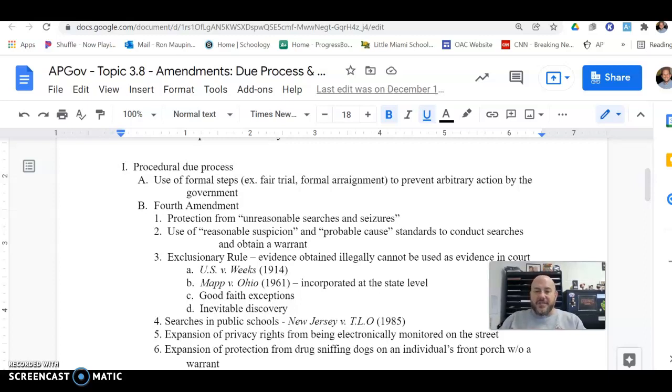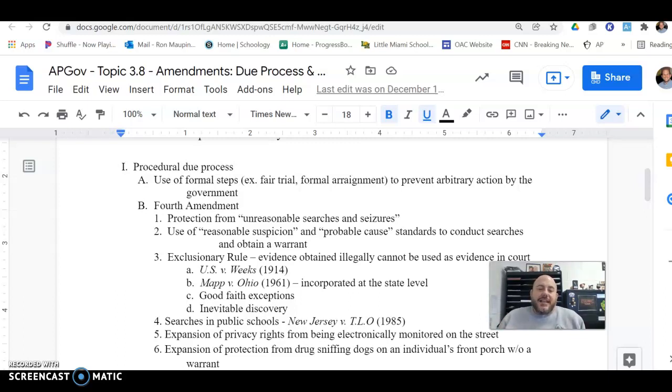So in other words, let's say that somebody has a lot of marijuana in their house. The police cannot just barge in the front door and see the marijuana in somebody's house and then say, we see the evidence, we see 30 pounds of marijuana that's clearly being done for trafficking, so we're going to arrest you for drug trafficking.